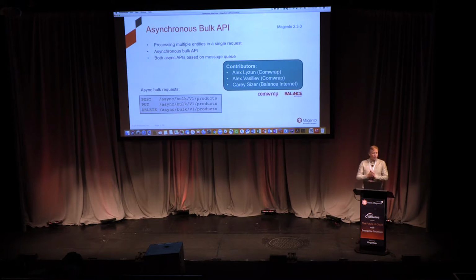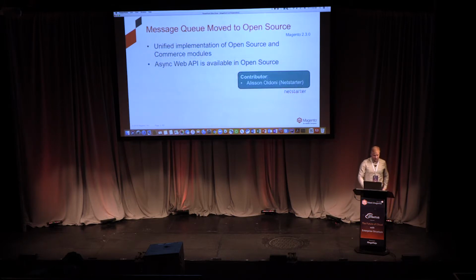And again, almost all built with community contribution. In such projects, Magento only offers architect review, lead developer code review and product owner. So thanks to all these guys for the contribution.